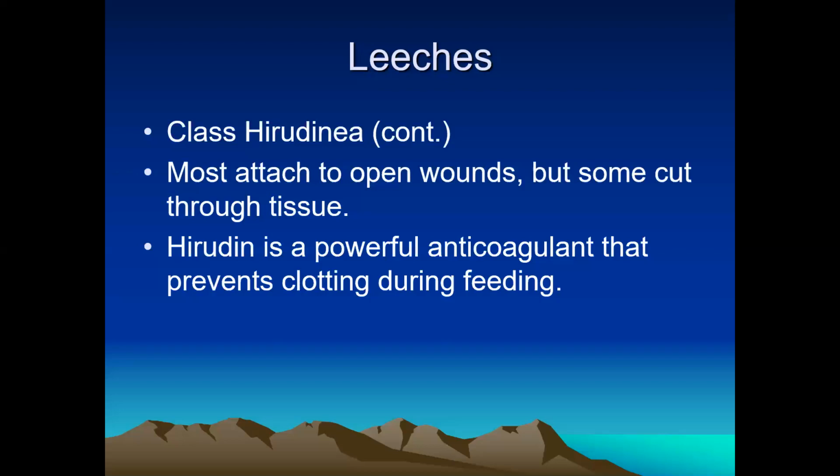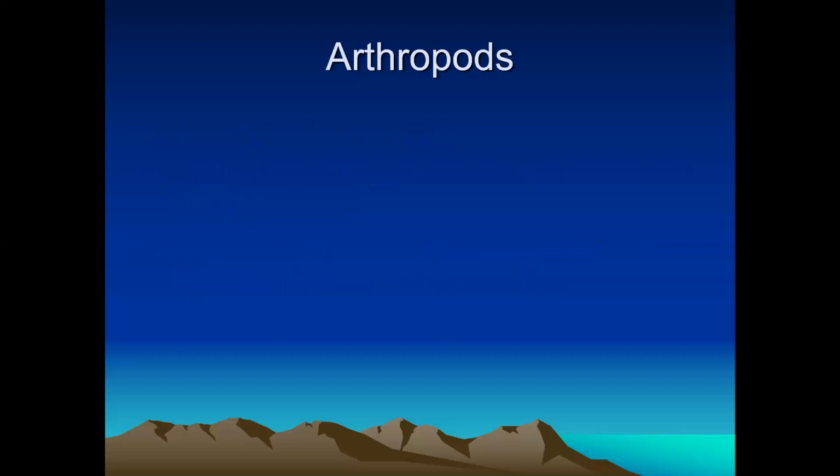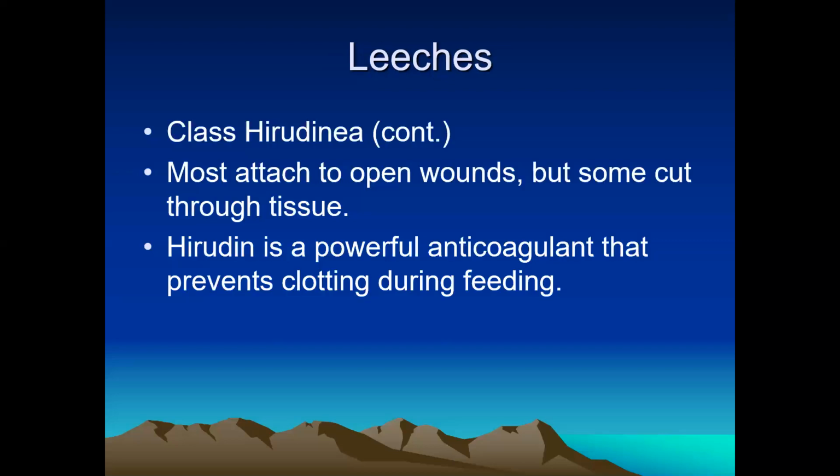Hirudin is used in medicine, though, for that purpose, not for infection, but to keep the blood flowing. It's used during operations where they don't want blood at the wound site to clot up. Okay. And leeches, there are such things as medical leeches, and I've only read a little bit about them.